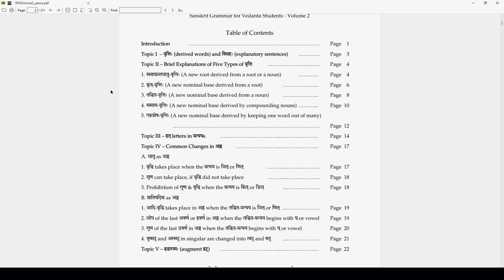Now, in sanadyanta dhatu, san, etc., these are the pratyayas, and when these are added to dhatus or pratipadikam, a new dhatu is derived.